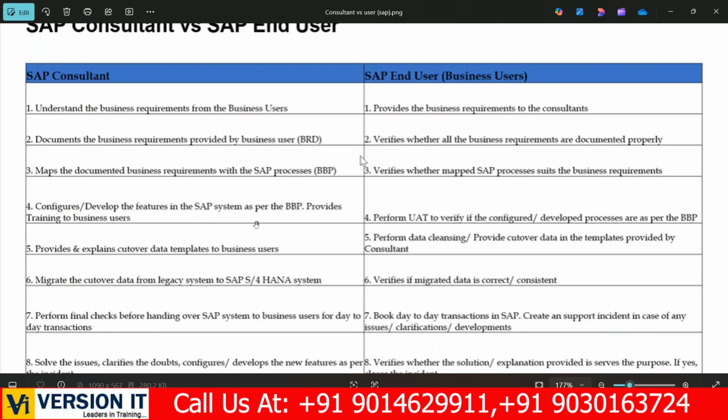Remember, step 1 to step 6, that is only the paperwork. So based on the business blueprint legal document, the junior and senior consultant configure the system.